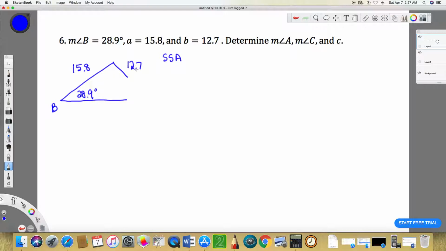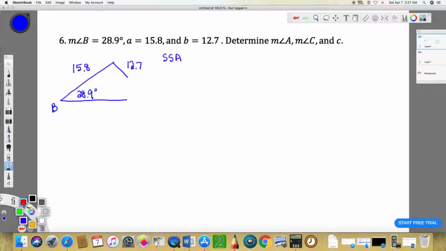The first thing I do is compare the 12.7 against 15.8. It's smaller. So if it were larger, I would know that line would extend all the way out and there'd be one triangle. Now that it's smaller, I want to know if it's too small.